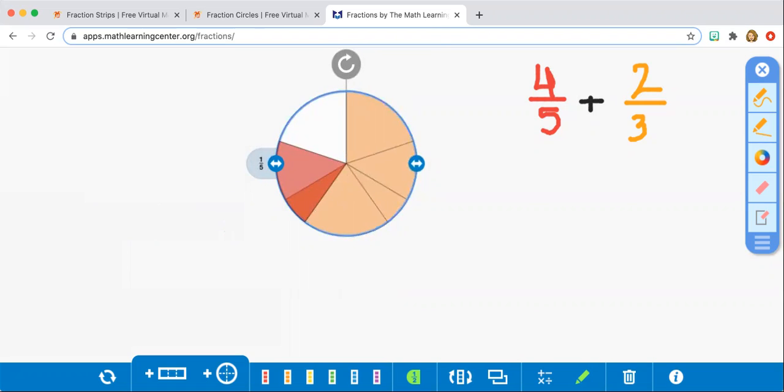This is what I mean by having one whole that shows both of these denominators. Right here, we see this little sliver. And if we can create two more of those little slivers right here and right here, it's taking this 1/5 piece and cutting it into 3 equal pieces.